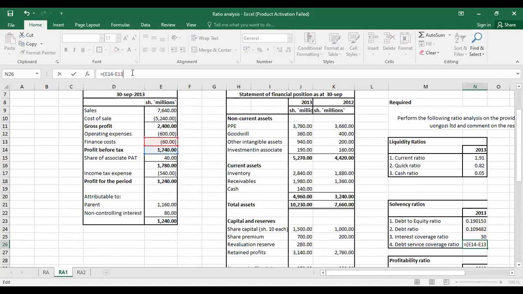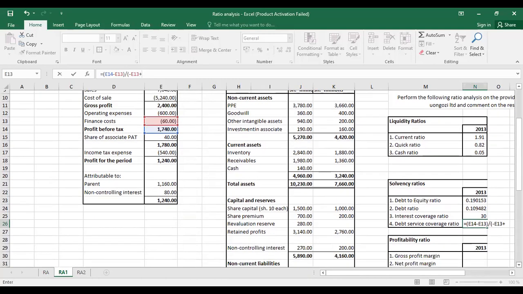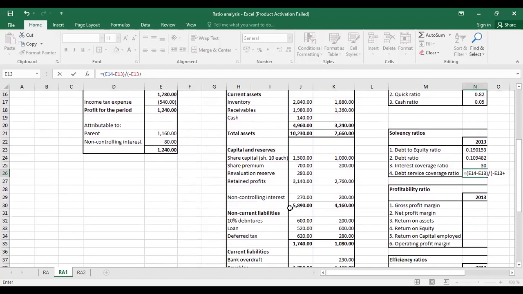So divide by, you open your brackets, we start with a negative, we take the finance cost so that it becomes positive, plus our debt. And remember our debt, there are two: we have the debentures plus the loan. You close your brackets, control, enter.